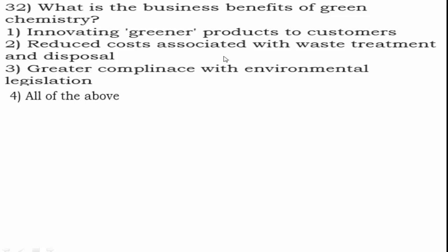Therefore, the options in the given question are all business benefits of green chemistry. The correct answer for this question is option 4, all of the above statements. Option 4 is the right answer.